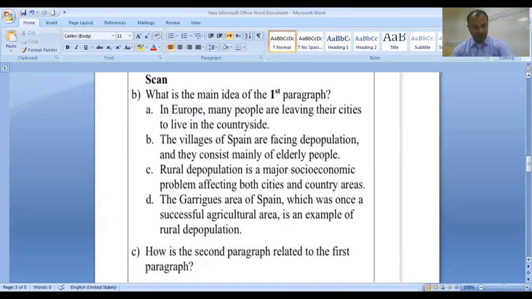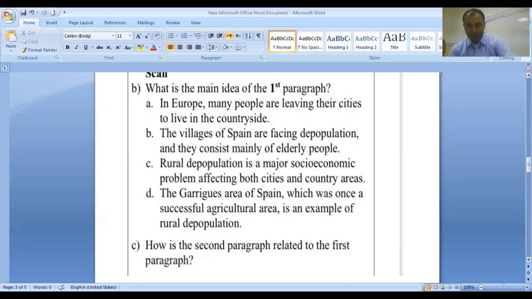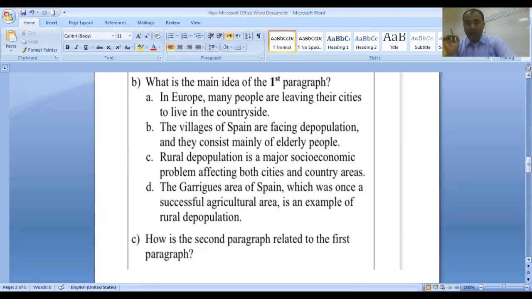I want you to read it carefully and tell me how the second paragraph is related to the first one. If you can see the question, how is the second paragraph related to the first paragraph? For people who don't have their student books, I will again read for them.